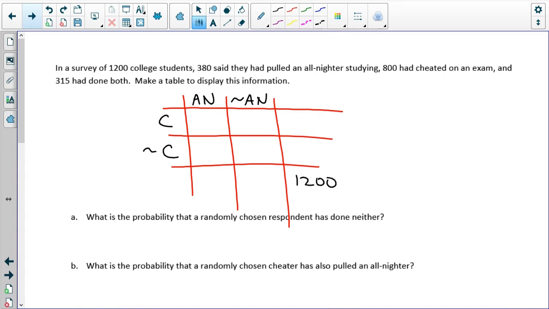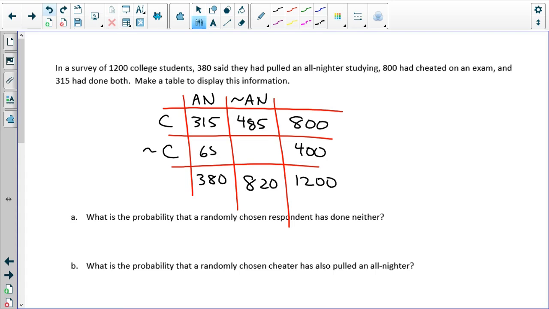We have 380 all-nighters. We have 800 cheaters. This means we had 400 non-cheaters. And we have 820 non-all-nighters. And we have 315 who have done both. So now all we have to do is do the subtractions to get everything else in order.